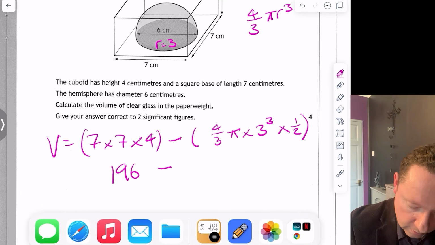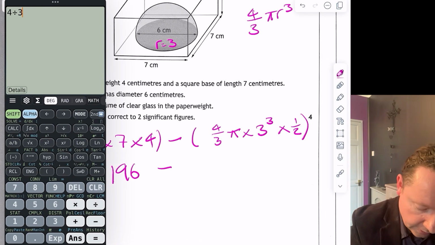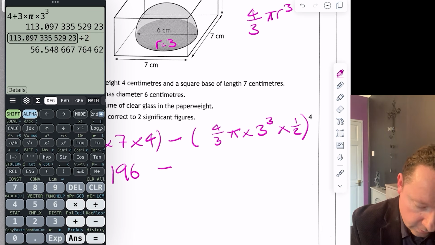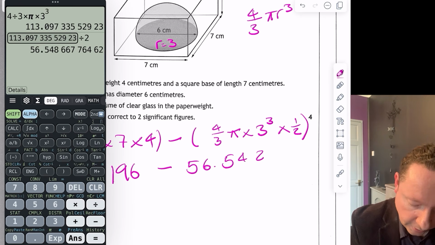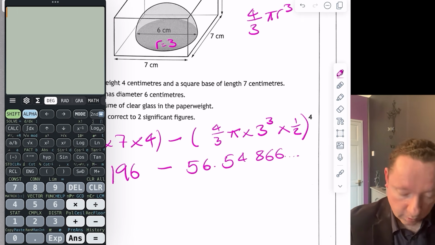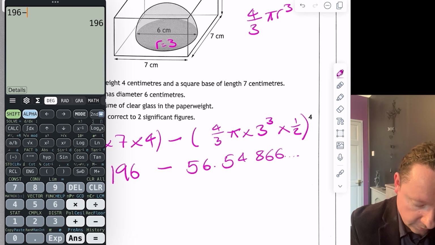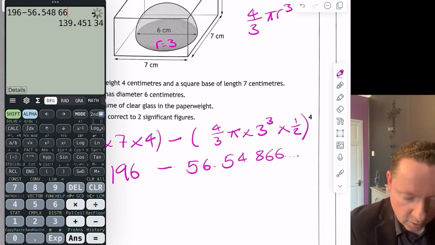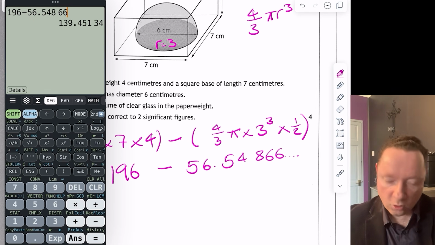Minus 4 divided by 3 times the pi button times 3 to the power of 3 is 113.097. Divide that by 2 or times it by a half is 56.54866. Now, it wasn't two significant figures, so just a reasonable number here, and I'll leave rounding until the end, 196 minus 56.54866, so I'm safe there.